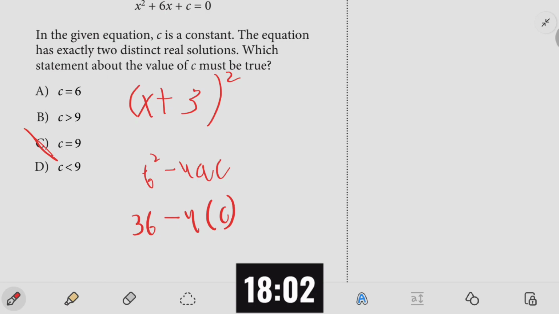Yeah, I think. If c is greater than 9, there's no solutions. You can't take the square root of a negative. If c is less than 9, but like it could be 6.